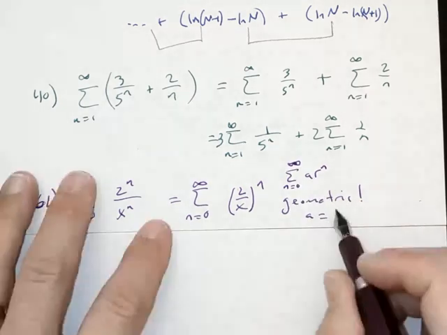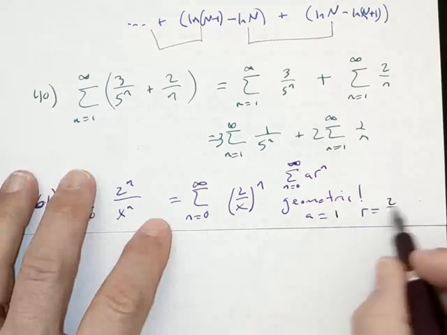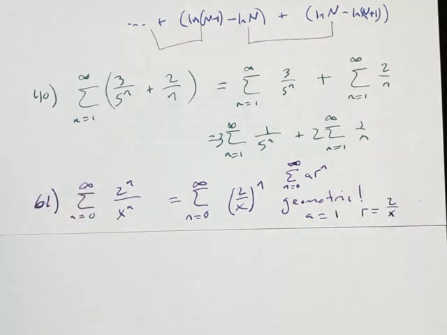Okay, so A is 1, and then the R is the 2 over x, yes? Aha. When does a geometric series converge? There was something special about geometrics.